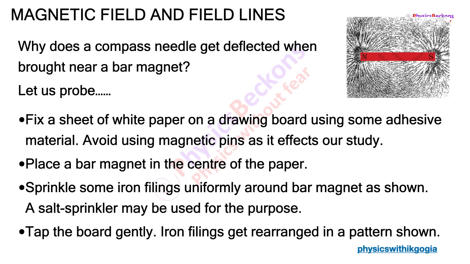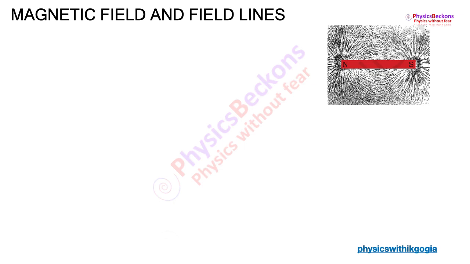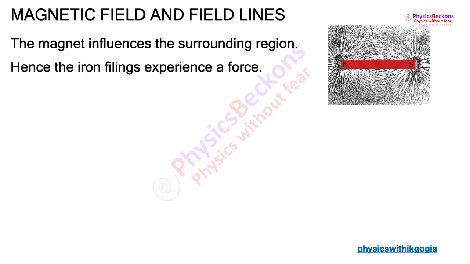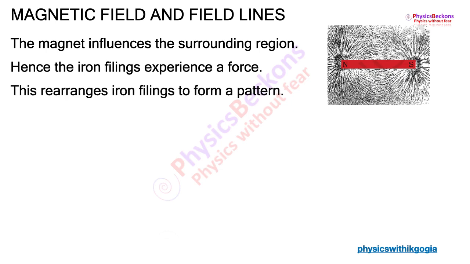Iron filings get rearranged to form a definite pattern as shown in the diagram. So the magnet influences the surrounding region. The iron filings in the surrounding region experience a force. This rearranges the iron filings to form a pattern.